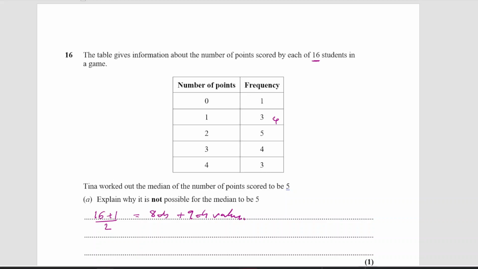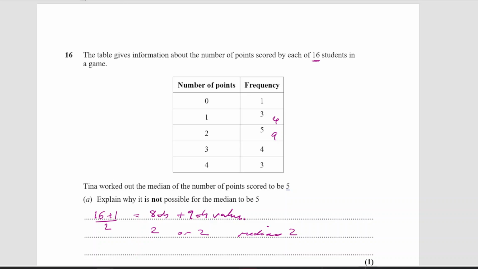The first 4 values are 1 or less. The next 5 values are 2s. So the 8th and 9th value are both 2. So you could state that the median is actually 2.